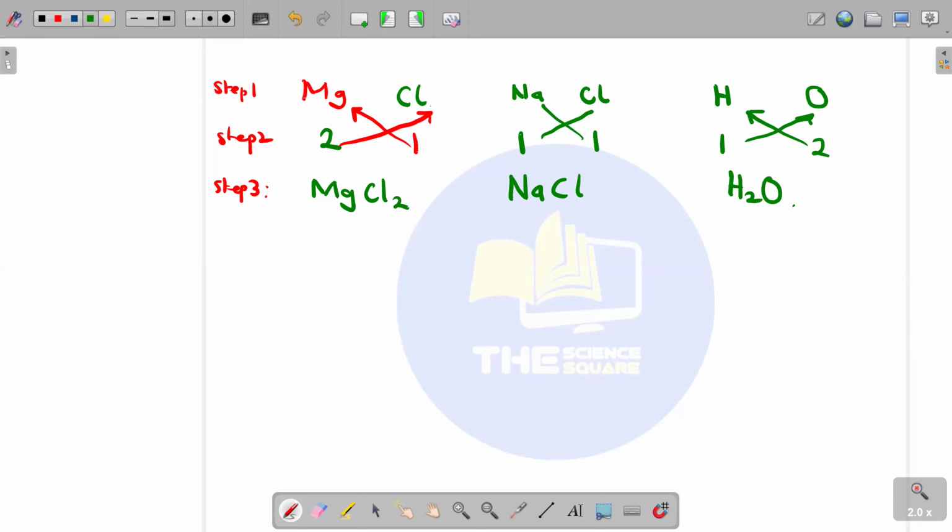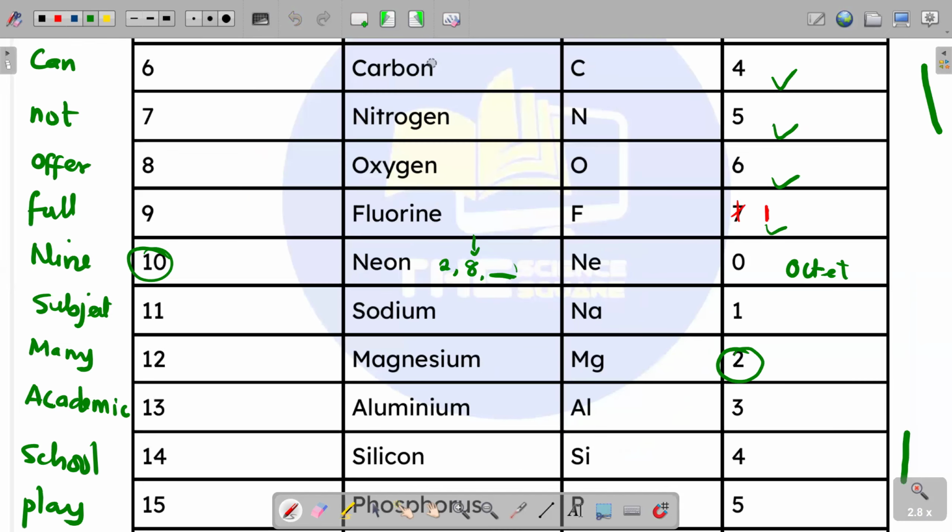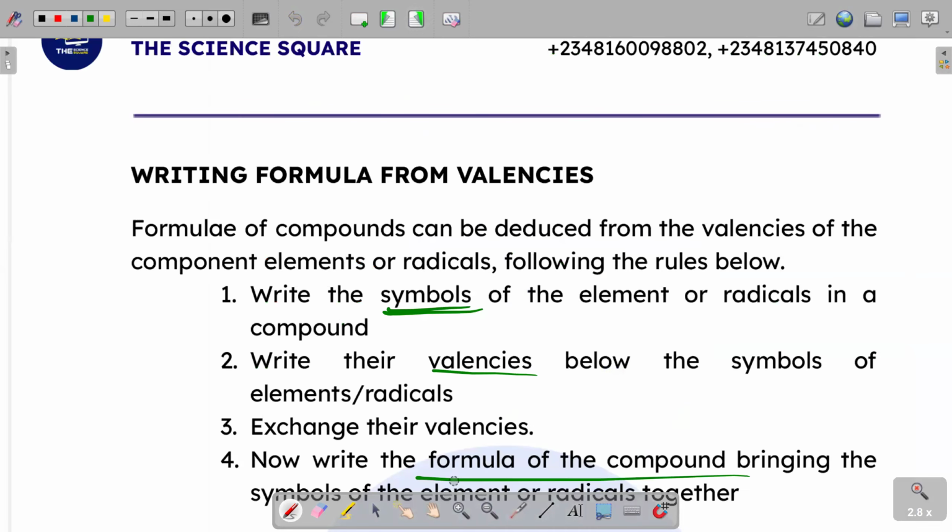So there are some exceptions in which some elements can have multiple combining powers. Okay, we're going to look at that in a minute. So these are the basic ways with which symbols of elements are written. The symbols of elements are used, together with their valencies, to obtain their chemical formula. So take note of those steps.